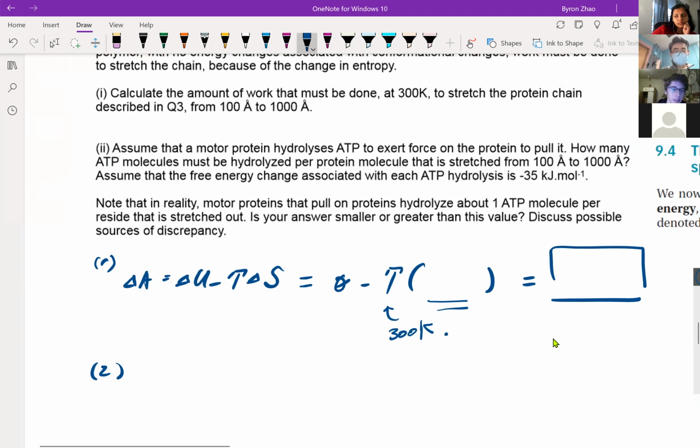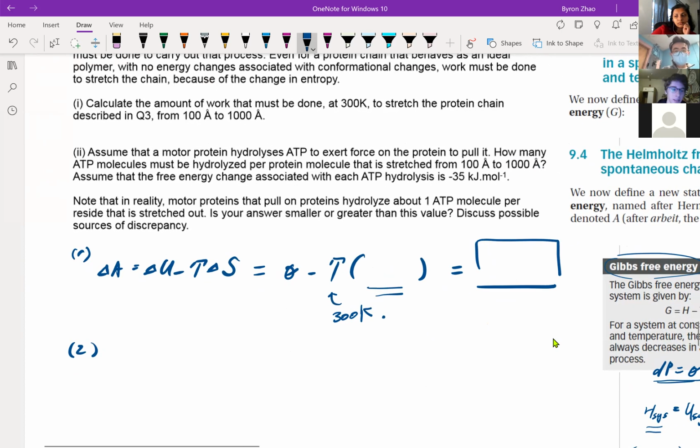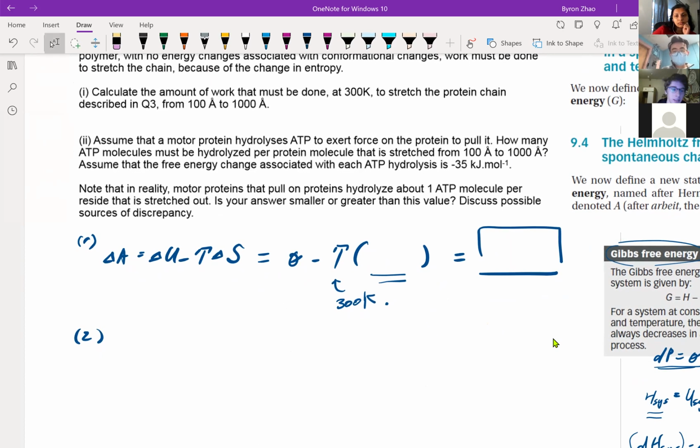And the second question, question 2, we're looking at how many ATP molecules we need to use if we're assuming this condition. So we will use delta A. Let me rewrite this.